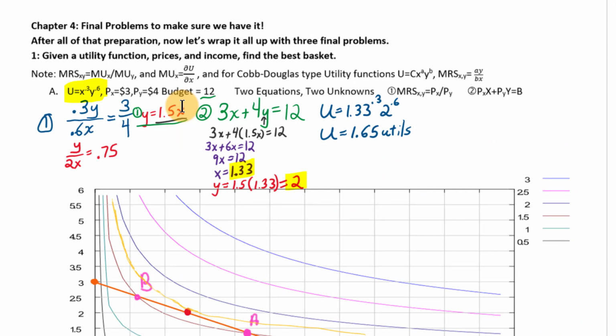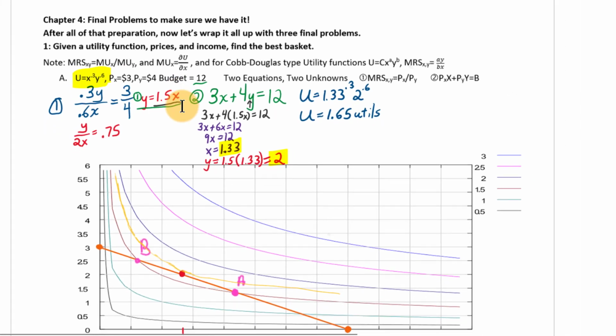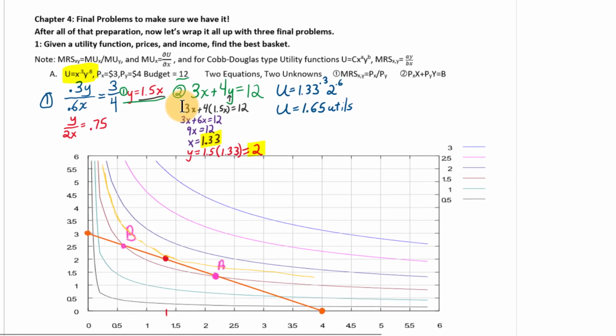Make sure you're solid on this though. If you need more practice problems, I would be happy to provide. Because we're going to be using everything we're talking about here, mostly Cobb-Douglas utility functions, where we have these interior solutions though. An interior solution means you're buying some x and some y. That's always going to be the case with a Cobb-Douglas.